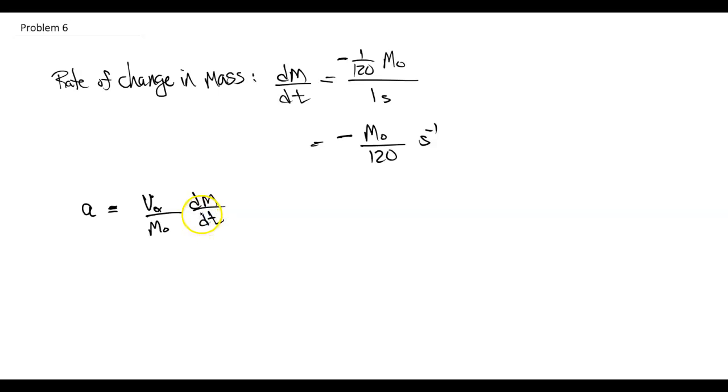The book tells you why this is the case. If you're not 100% sure, you can read that, but this is basically F equals ma again.